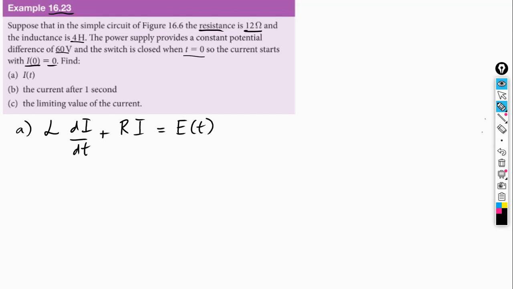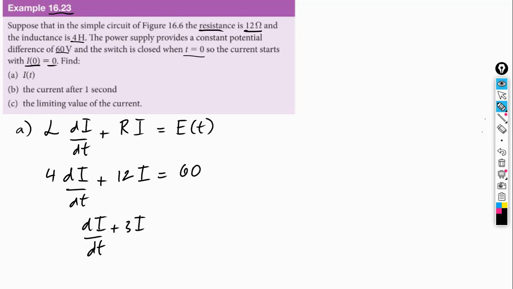So the inductance is 4, so we can write 4 times the rate of change of the current, plus the resistance, which in this case is 12 ohms, again times the current, is equal to the potential difference, which is 60 volts. Obviously, we have to divide everything by 4, so we're going to get di dt plus 3I is equal to 15.